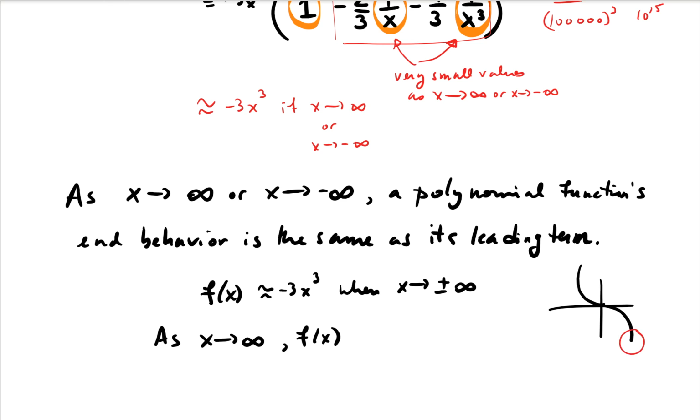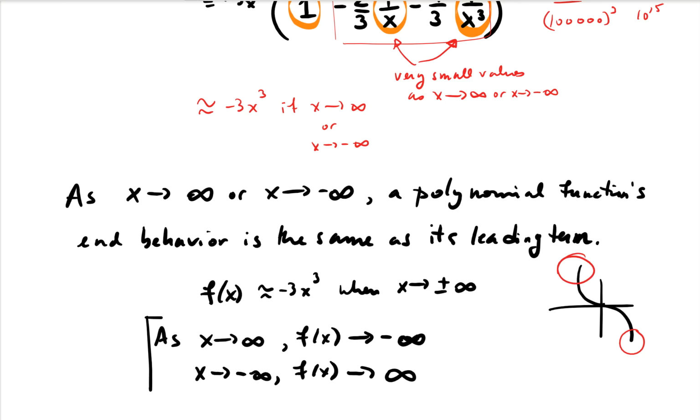I'm going to have large negative values. So that's what's happening with my f as well. So x tends towards minus infinity. And as x goes to minus infinity, f of x, now x minus infinity, I'm going to have large positive values. And that's my long-term behavior for my polynomial.